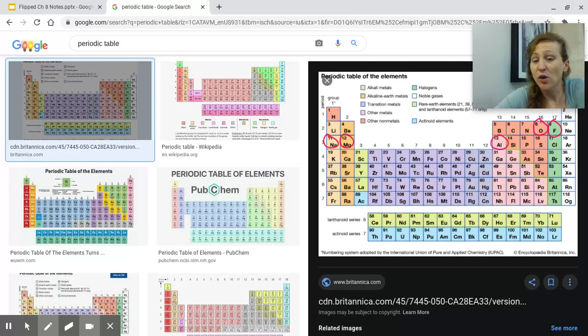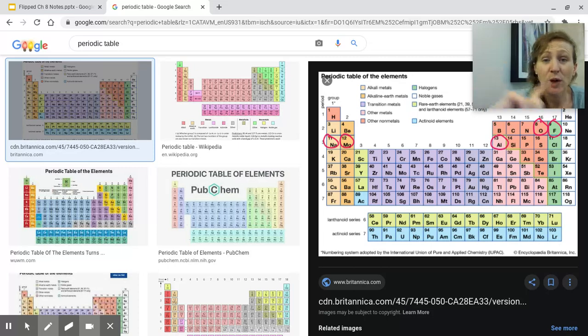All right, so sodium, magnesium, and aluminum are all going to lose electrons. So sodium has 11, magnesium has 12, aluminum has 13. How many electrons will they have once they have lost electrons and formed cations?